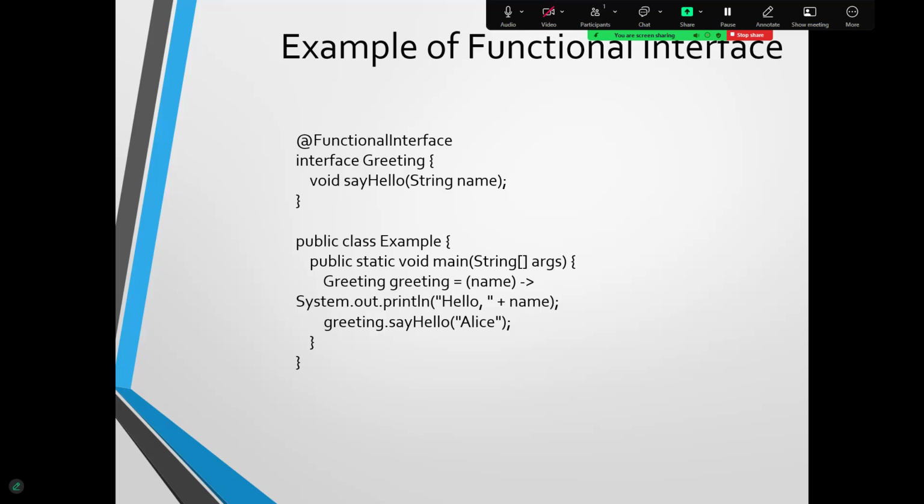I'm taking the interface greeting and I'm saying greeting dot sayHello alias. When you say this, it is going to put the alias in the place of name, and then after that it's going to execute the first statement. Very important to understand here the sequence. First greeting dot sayHello gets executed, and then the first statement gets executed. So this is functional interface.